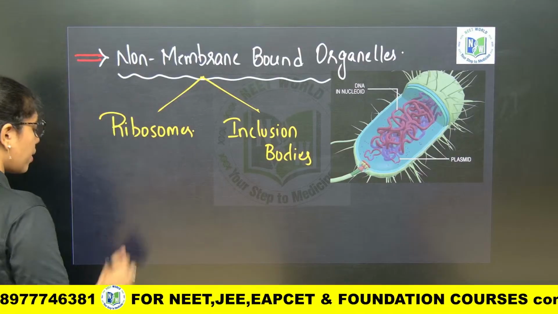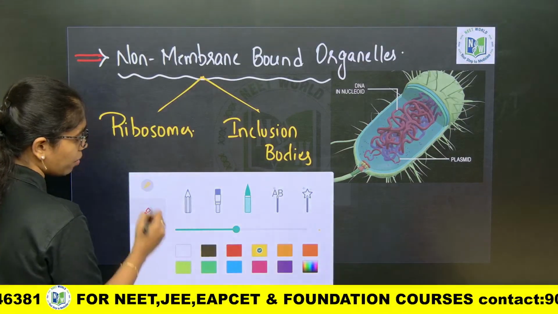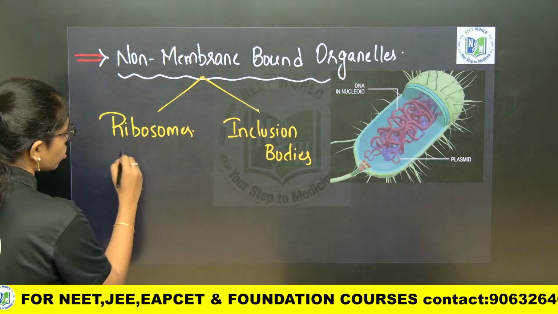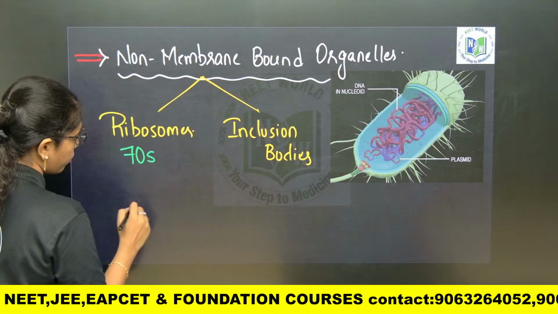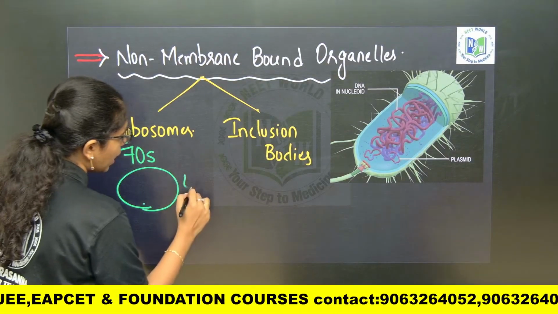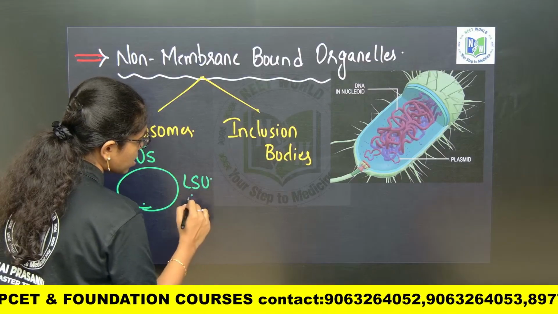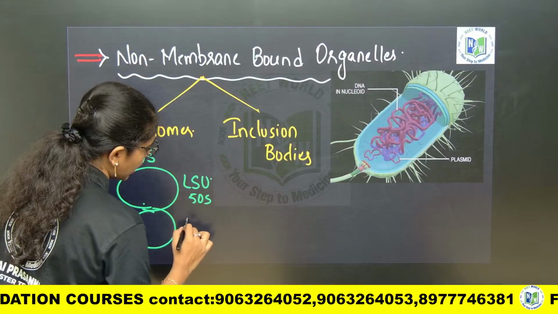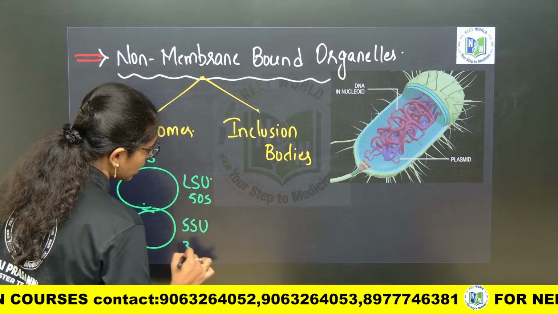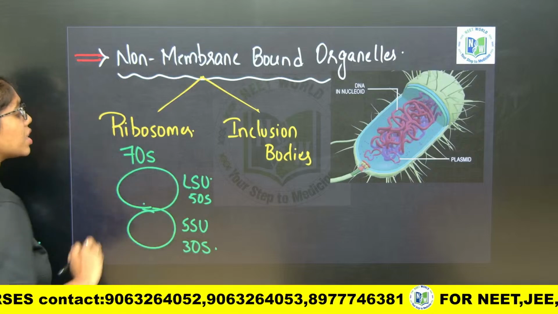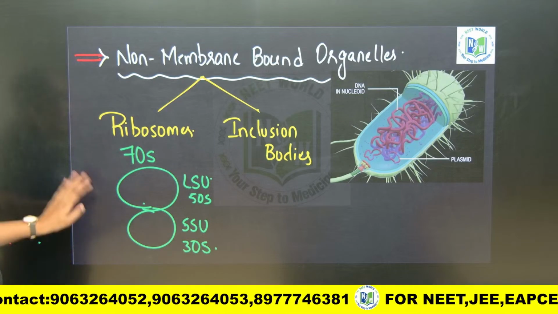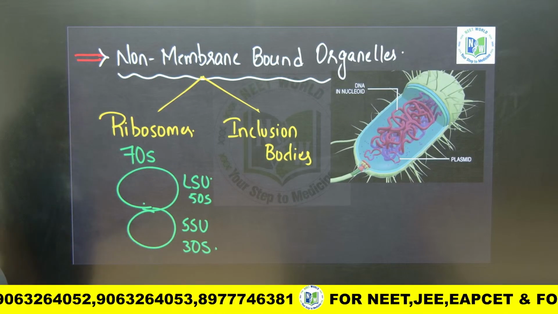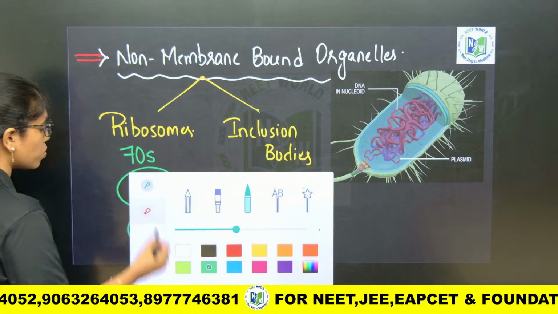Now, in ribosomes, what type of ribosomes are present? Ribosomes are 70S type, wherein the larger subunit is 50S and the smaller subunit is 30S. Where are these ribosomes present?